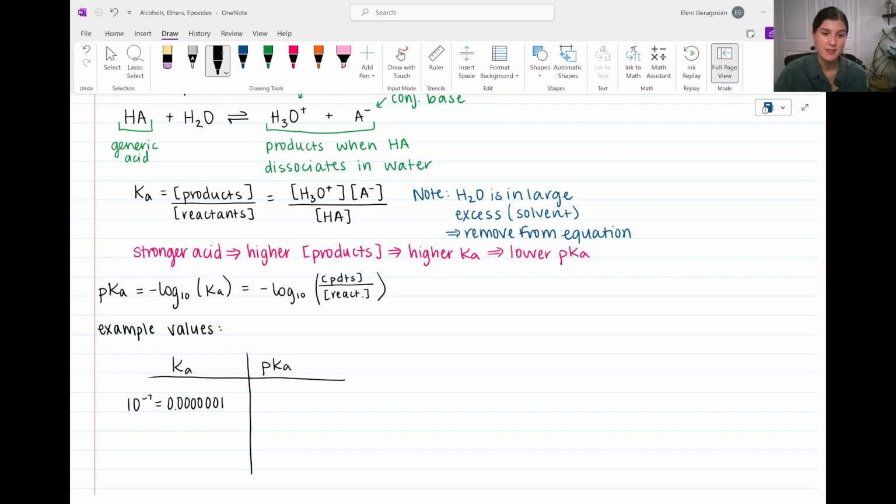If you take the negative log of that value, the pKa is 7. If we have 10 to the negative 4, so 0.0001, take the pKa of that, you have a pKa of 4.